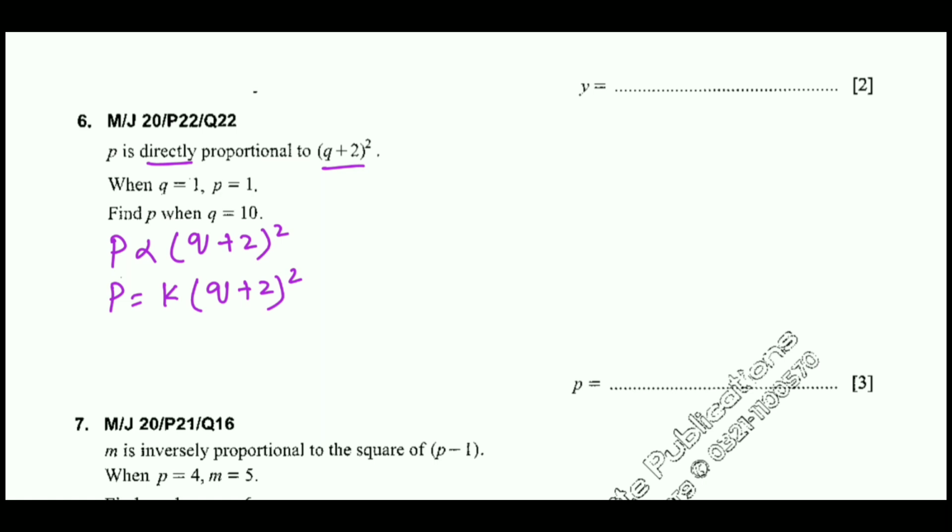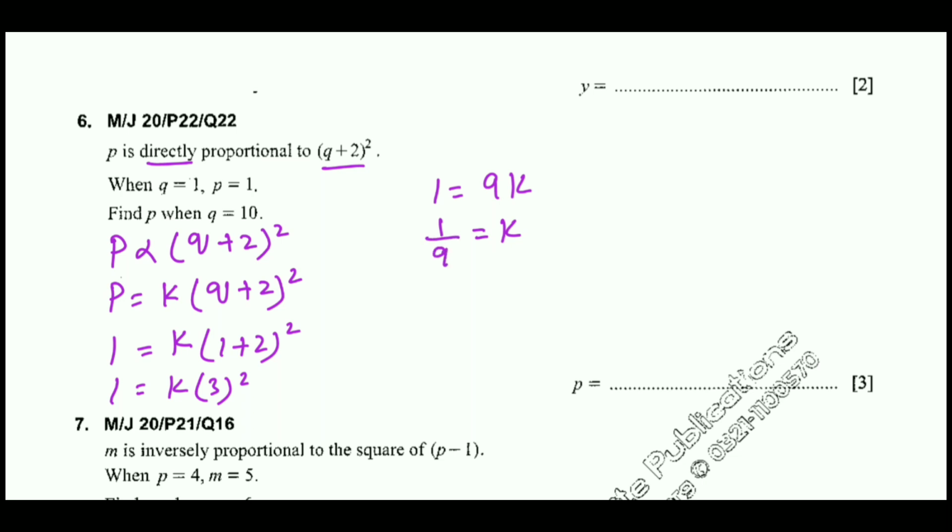To find the value of k, we have to put q is equal to 1 and p is equal to 1. 1 is equal to k (1 plus 2) whole square. 1 is equal to k 3 square, so 1 is equal to 9k, and k is equal to 1 over 9.